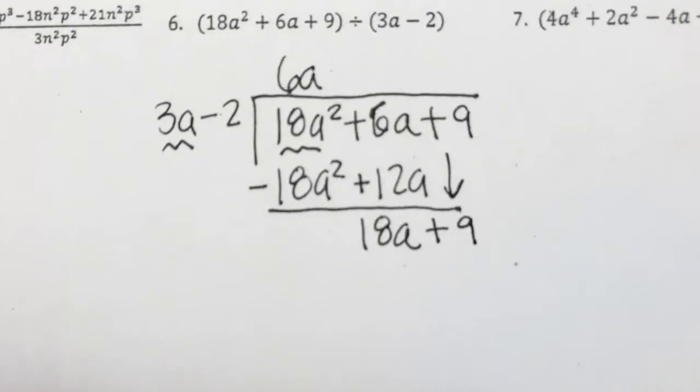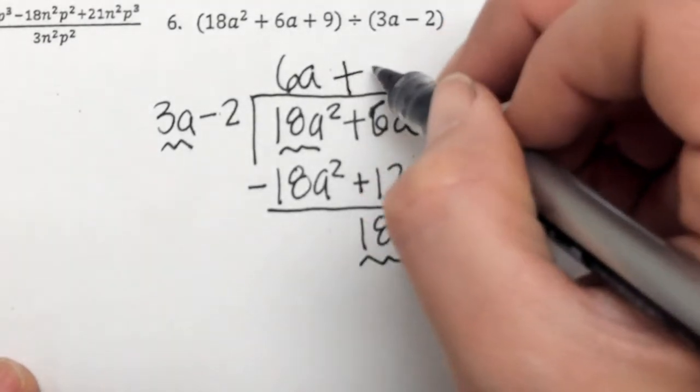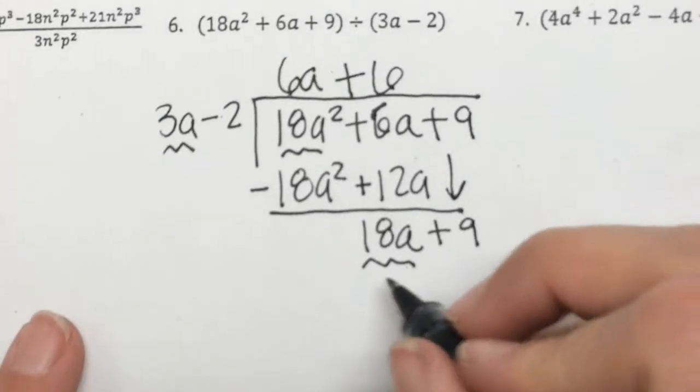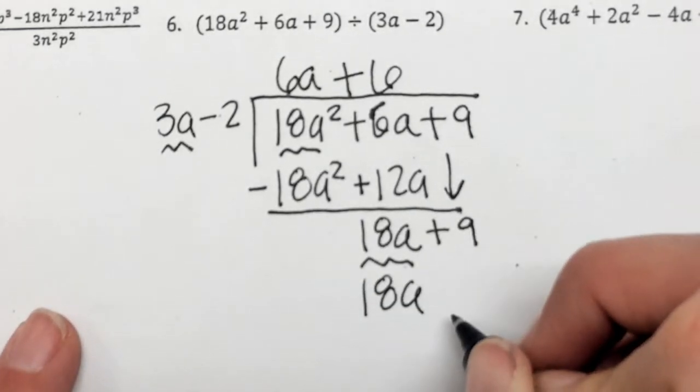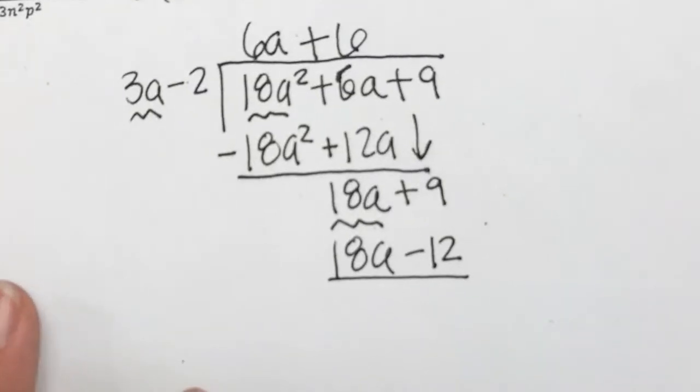Now what? How many times 18 or 3a is 18? Which is? 6. Very good. All right, Catherine, what do I do from here? You multiply 6 times 3a and then -2. Good. That's going to give me 18a and -12. Perfect.